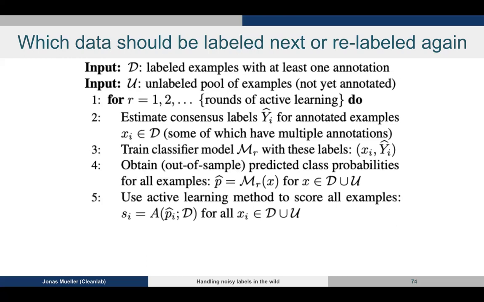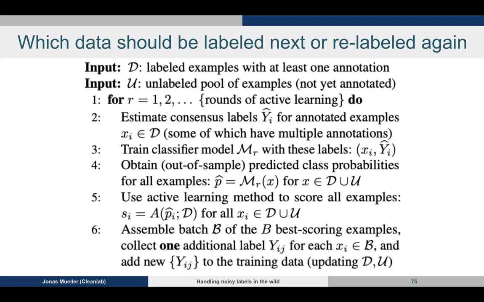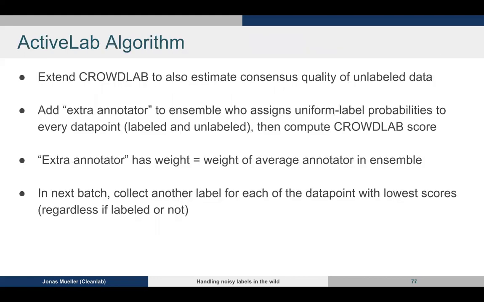You use some kind of active learning method to score all the examples based on those predicted probabilities, and then you just take the highest or lowest scoring examples and collect one additional label for each data point amongst those, add those additional labels to the training data, and repeat this process. And the way we do this scoring is just using this CROWDLAB algorithm.